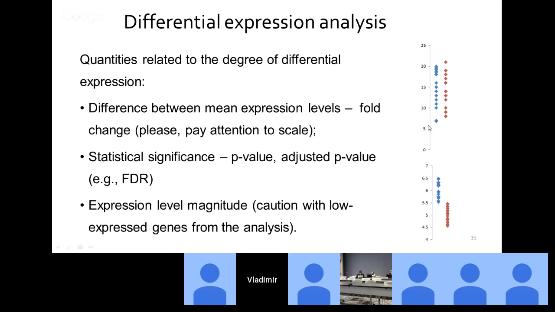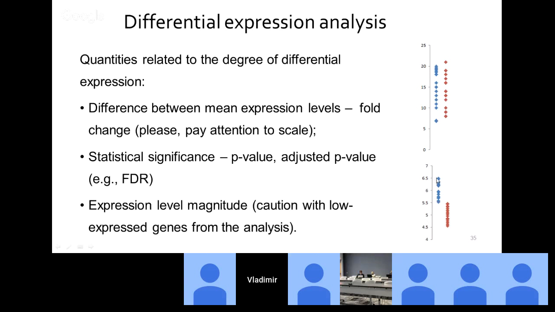However, please consider the example we have in this slide on the right. Intuitively, we understand that there is no differential expression if blue dots visualize samples from the first group and red dots visualize samples from the other group. At the lower plot, we see clear differential expression.